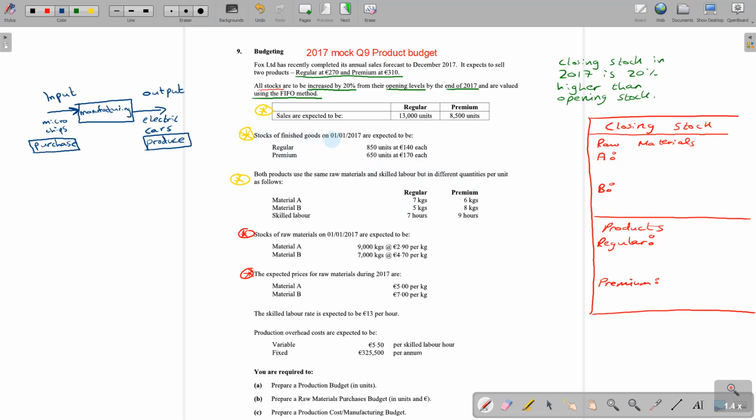So our stock of finished goods, the first of 2017, is obviously opening stock because it's the very first of the first month. So 850 multiplied by 120%, or 1.2, 650 by 120%, and then you go up to the raw materials as well.